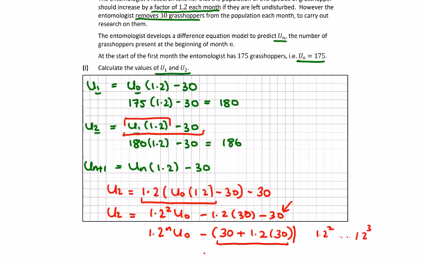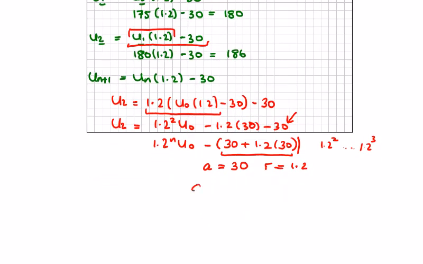So we have a geometric sequence where a is equal to 30 and my ratio is equal to 1.2. So we sub this into my formula, a times 1 minus r to the power of n over 1 minus r. We get 30 times, now we can keep it in this order or we can reverse it around.